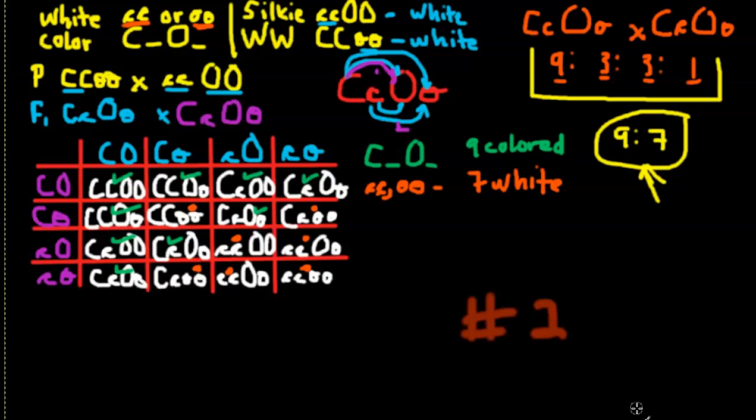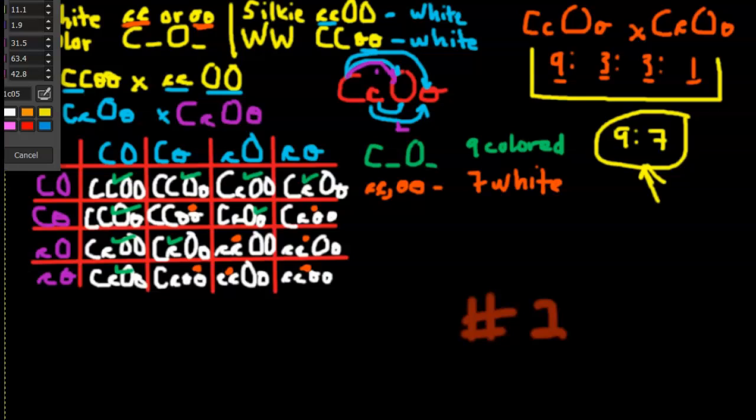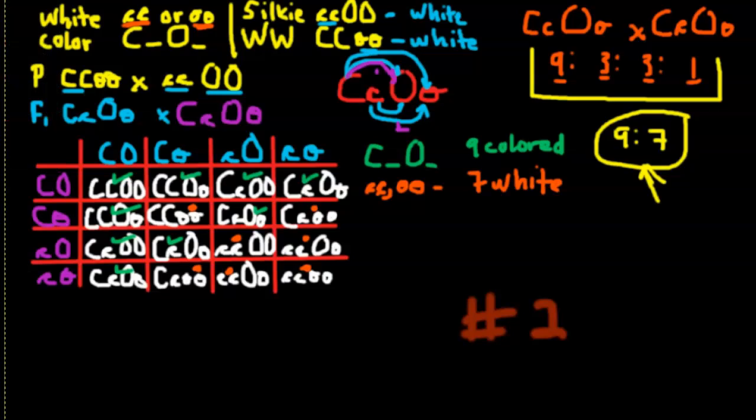In poultry, white, it's right up here, may be the result of the homozygous state of the recessive factor O. See over here I have 2 little o's. Or it may be the result of the homozygous state of the recessive factor, those 2 little c's.